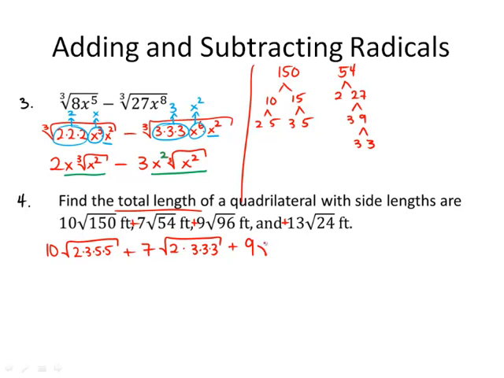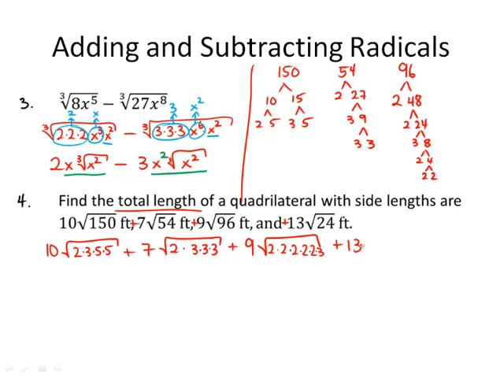And 9 root 96 is 2 times 48, 2 times 24, 3 times 8, 2 times 4, 2 times 2. Yikes, that's a big one. So 2 times 2 times 2 times 2 times 2, make sure you have enough, and then times 3.